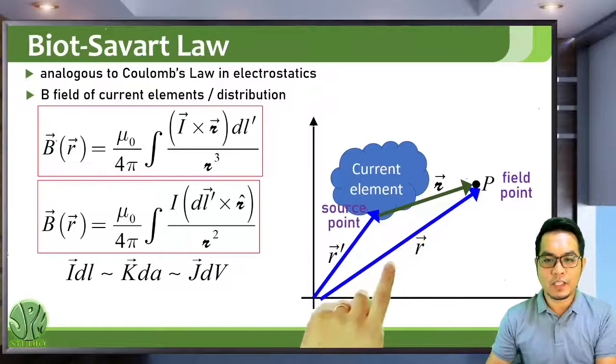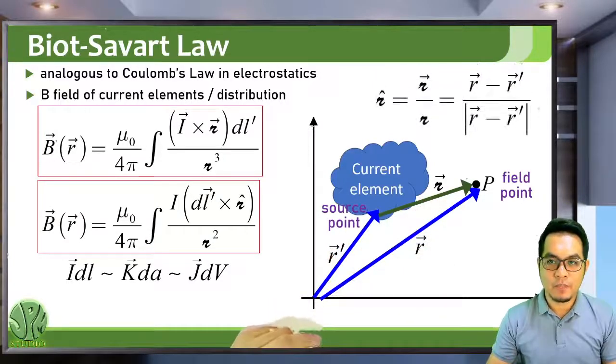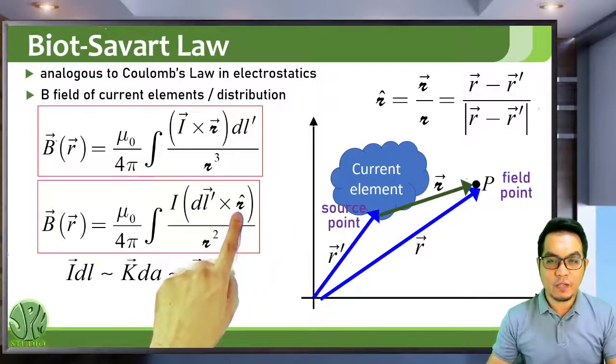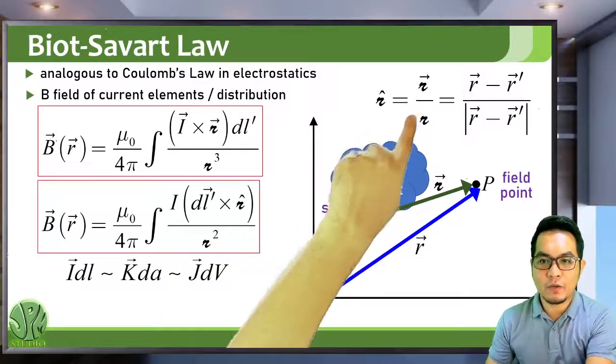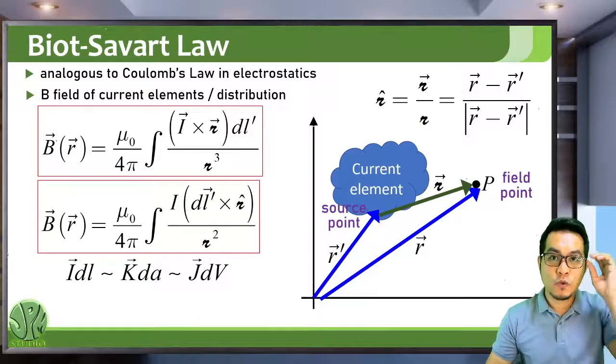So this is just r minus r prime. So the curly r vector is r minus r prime. And the r hat vector, the unit vector, is just the separation distance vector over its magnitude. Similar analogy with electrostatics when we discussed Coulomb's law.